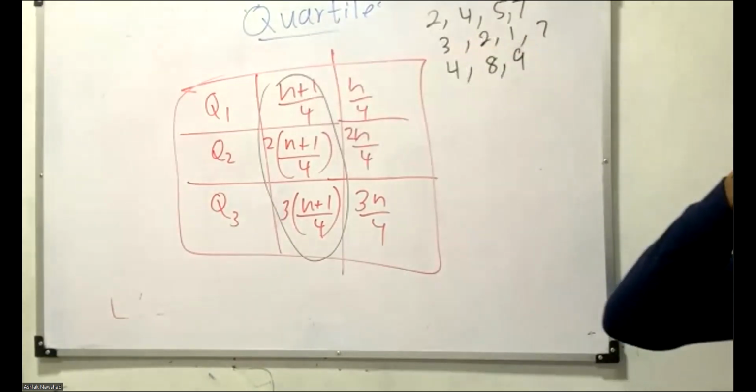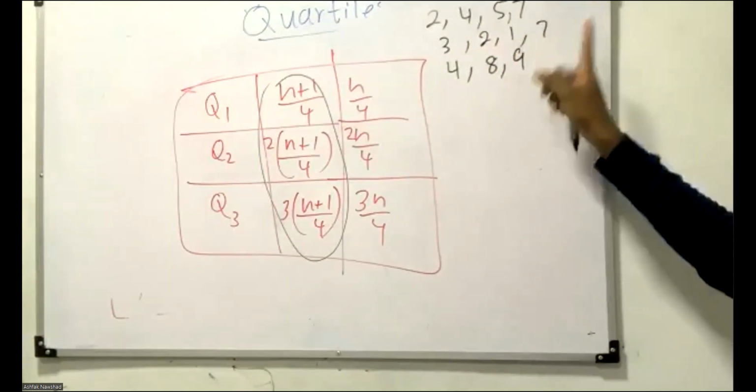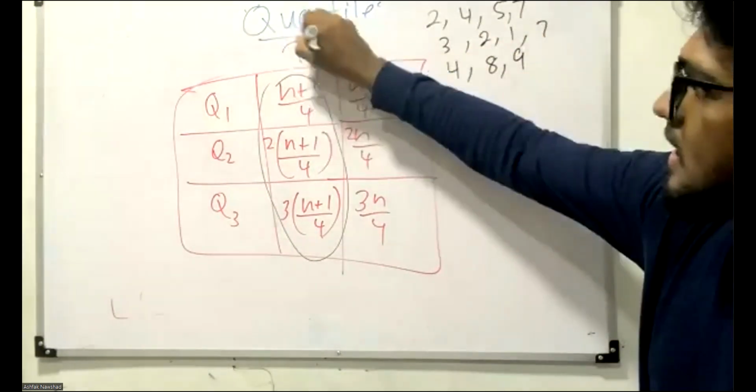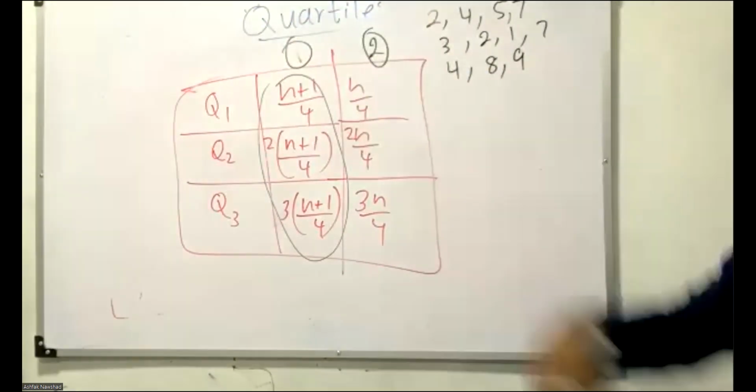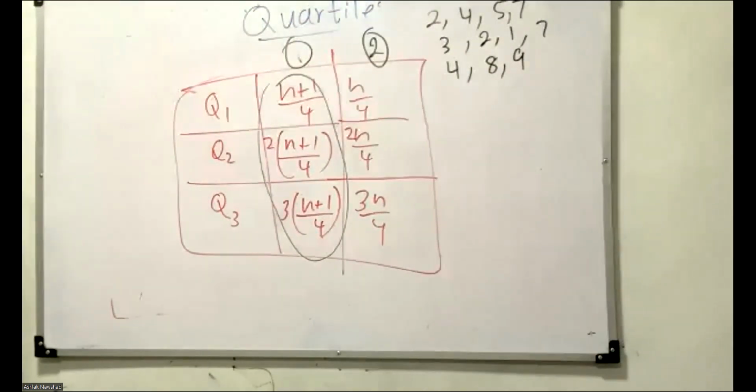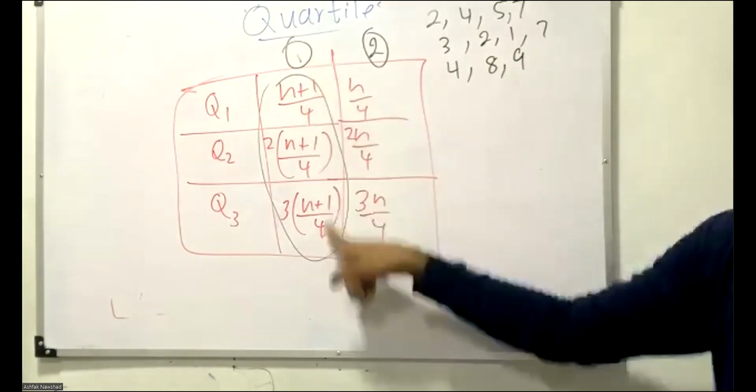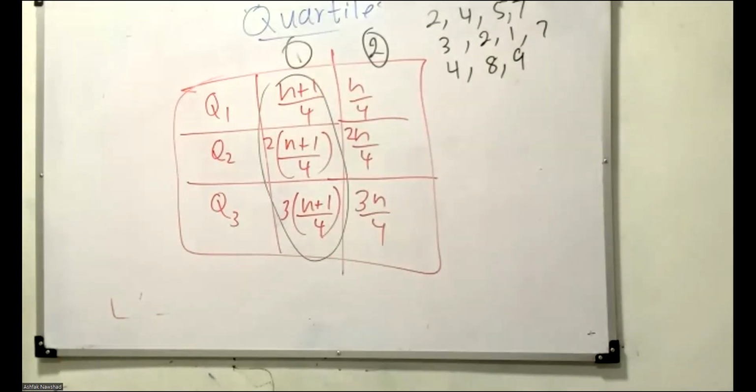If the data is less than 30, are we referring to the first column or the second column? We are referring to the first column.